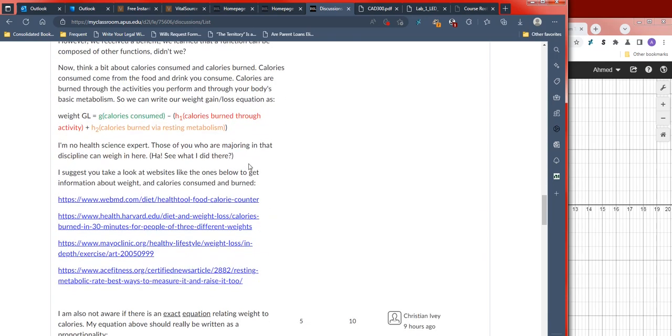But as I pointed out to you a minute ago, the calories burned are burned in two ways. One is through activity, and the other one is via the resting metabolism, right? So we write here that the weight gain or loss is a function of the number of calories consumed and the number of calories burned through activity and via the metabolism.